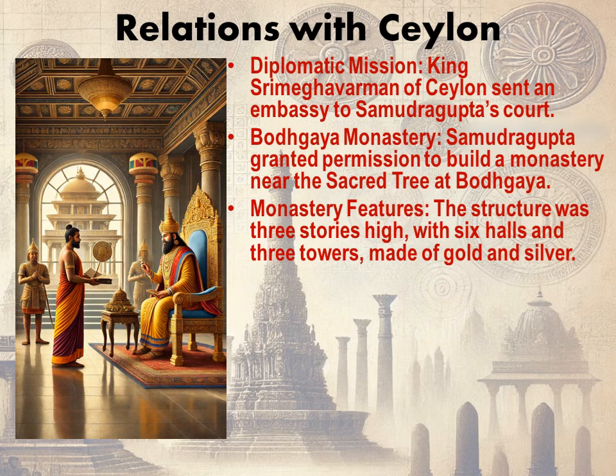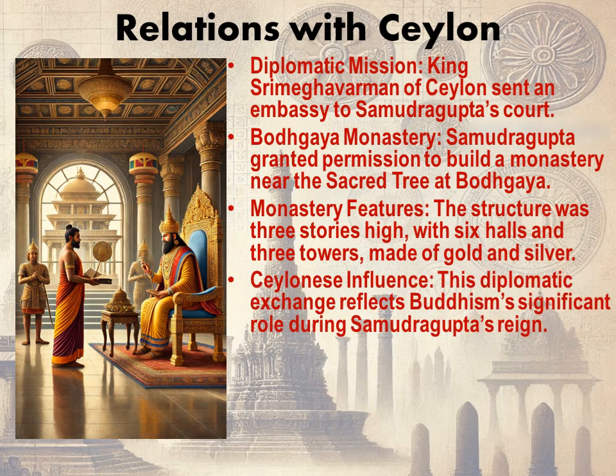The structure was 3 stories high with 6 halls and 3 towers made of gold and silver. So, this structure, meaning the structure of the monastery, was 3 stories high, and there were 6 halls and 3 towers, and they were made out of gold and silver. And this entire thing was a project of King Sri Meghavarman of Ceylon. The diplomatic exchanges reflect Buddhism's significant role during Samudragupta's reign.